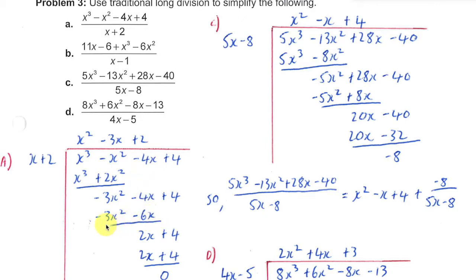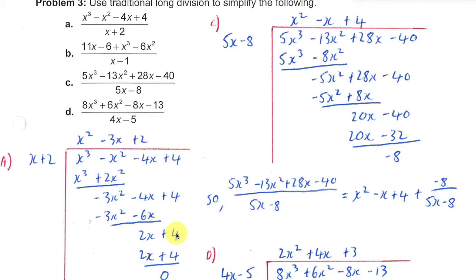Again, I put the line in, and I'll do my subtraction. Negative 3x squared take away negative 3x squared becomes 0x squared. Negative 4x take away negative 6x ends up being negative 4x plus 6x, which is 2x. And 4 take away 0 is 4.